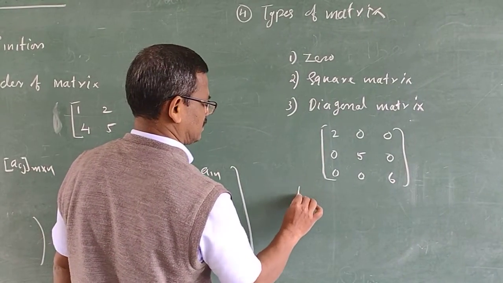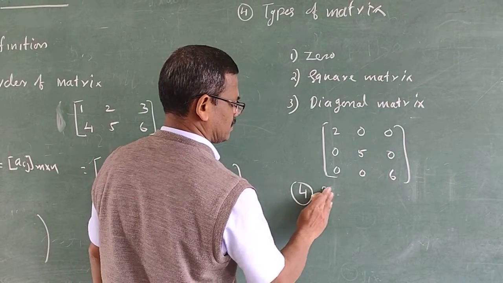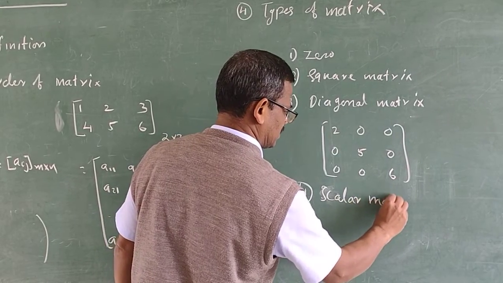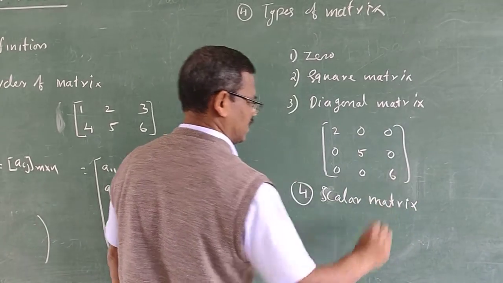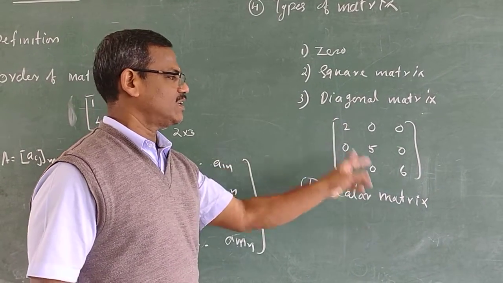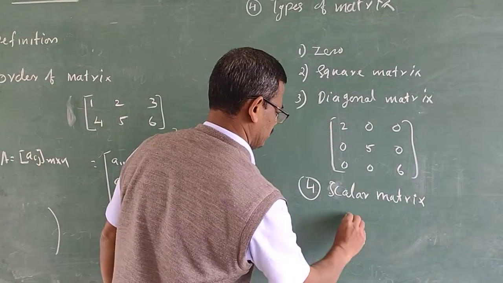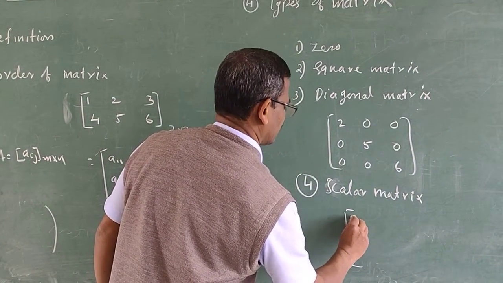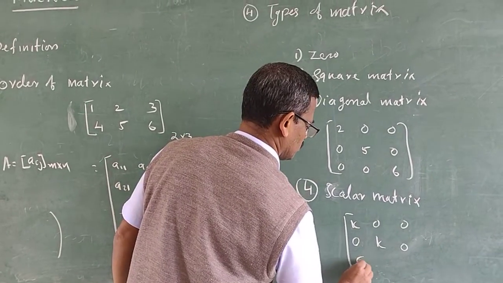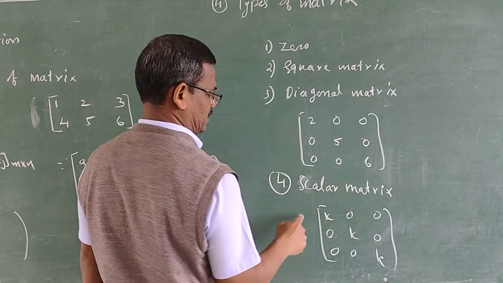Then the scalar matrix. In a diagonal matrix, if the diagonal elements are all the same, say K 0 0, 0 K 0, 0 0 K, it is a scalar matrix.